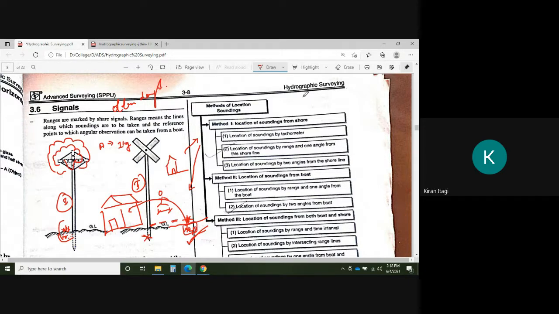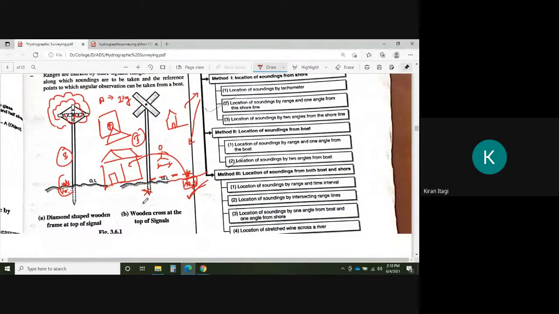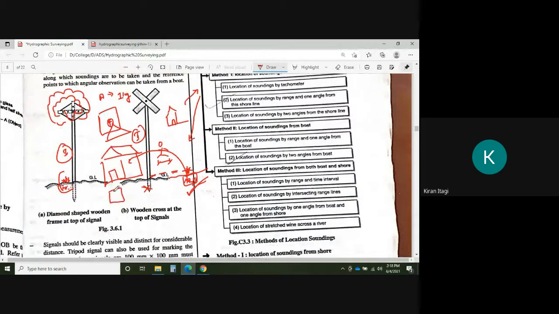Similarly here, how do you locate your sounding? If this is your ocean and I want to construct my lighthouse here, I will do all the survey, take this angle, locate this point, and finish the surveying. Next day when I come back, I want to determine where this point was.